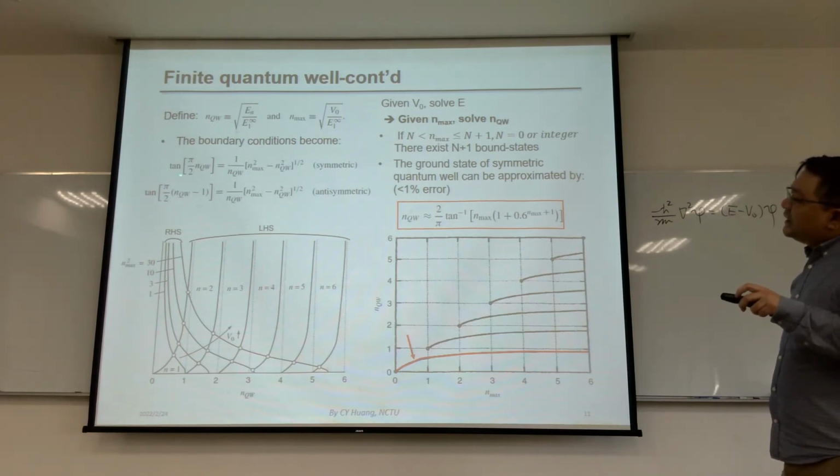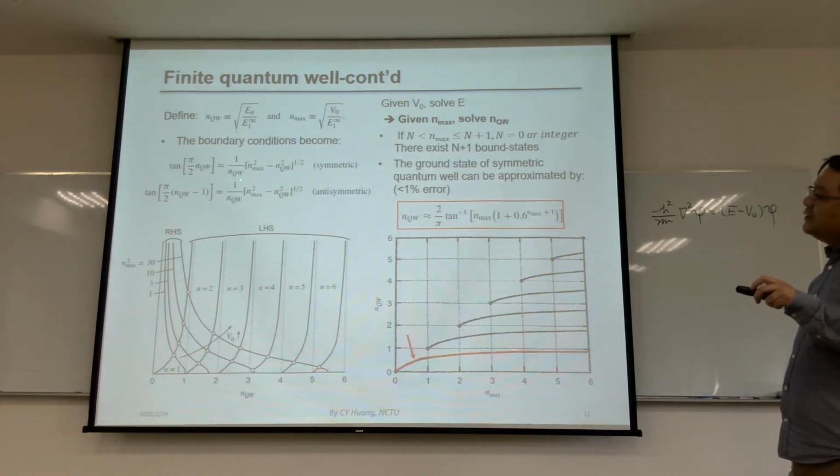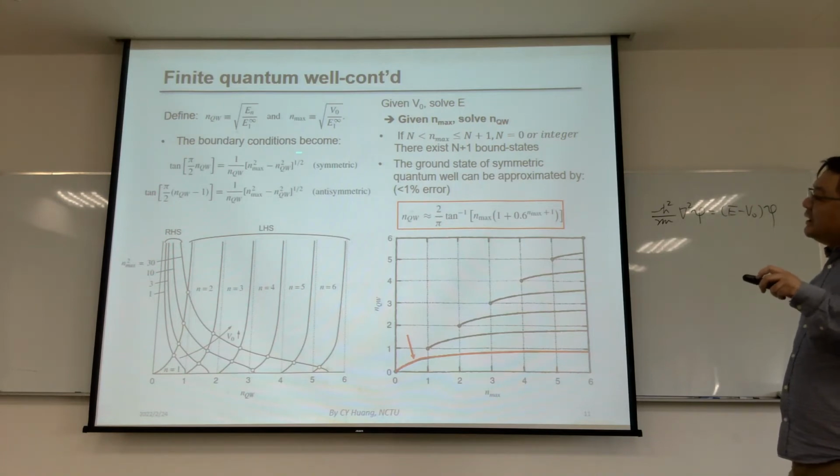First, tangent of 2 pi divided by 2 times NQW is equal to 1 over NQW times the square root of N max squared minus NQW squared. Okay, so this is the symmetric case. And the asymmetric case is just a shift by half of pi.